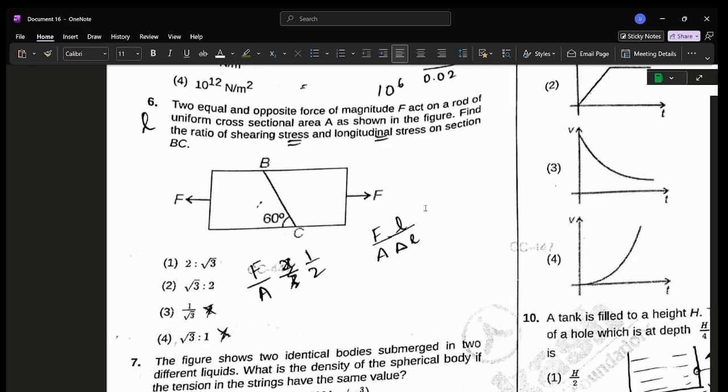Root 3 is to 1, so you would have root 3 by 1 for tan 60. Now that divided by longitudinal stress. Okay, wait, this is strain. Force is the same. So stress and strain you have root 3 by 1.